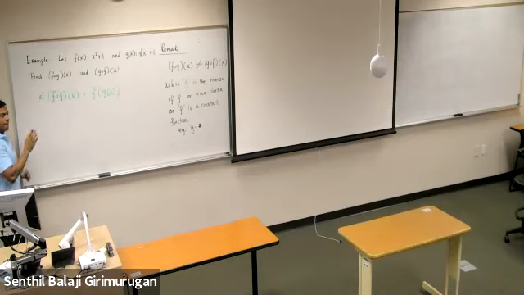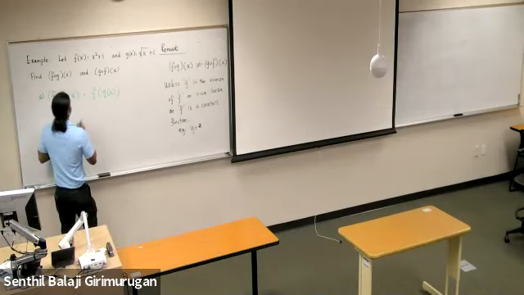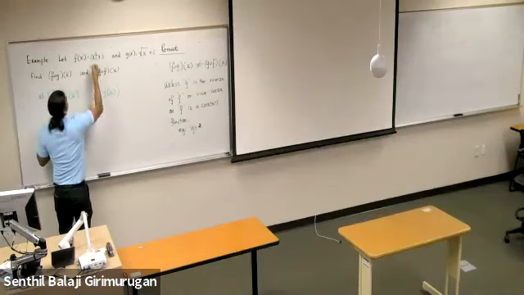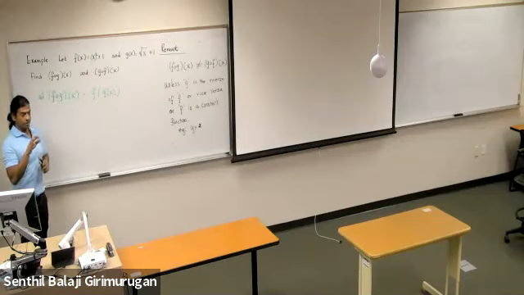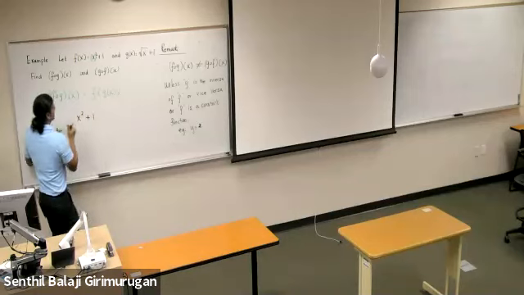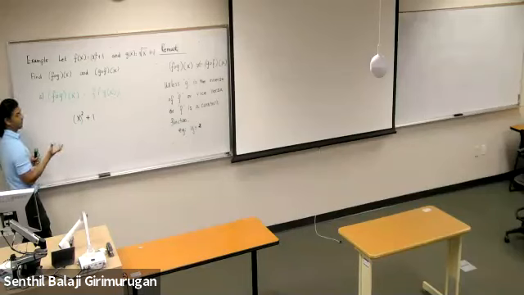So every x in f will get replaced by g of x. So I am going to put a parenthesis here so that we will know that you're replacing all of x. So that is our function.